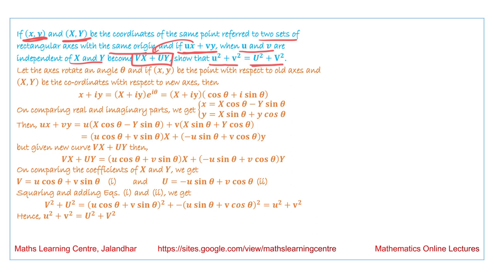So, again we are using the transformations over here: x is equal to capital X cos theta minus capital Y sin theta, and y is equal to capital X sin theta plus capital Y cos theta.